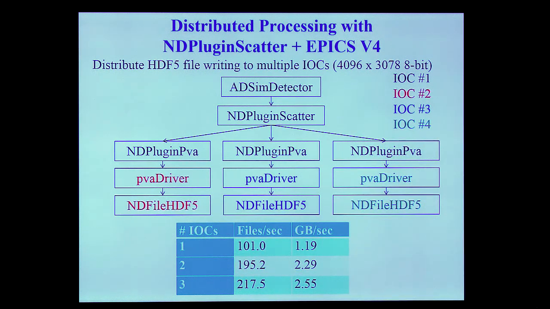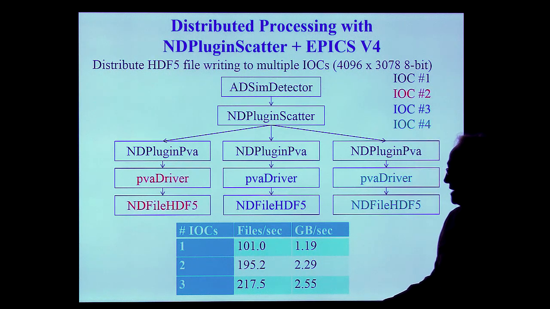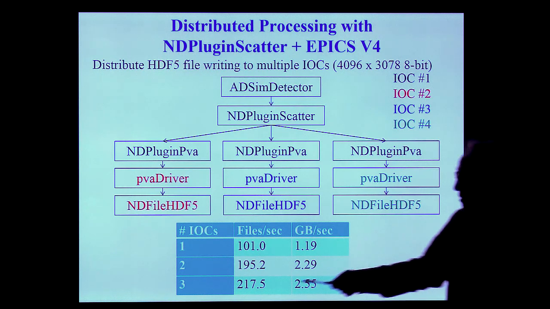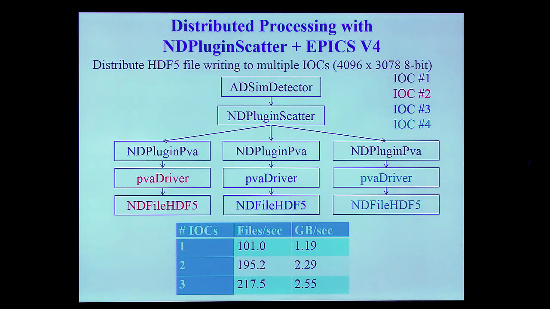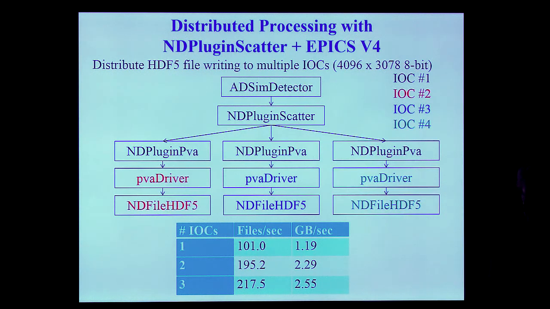If I only ran one IOC, I could only get 100 files a second, which was 1.2 gigabytes a second. But if I turned on all 3 of them, I could get 217 files a second, which was 2.5 gigabytes a second. So that's a use for this scatter plugin.